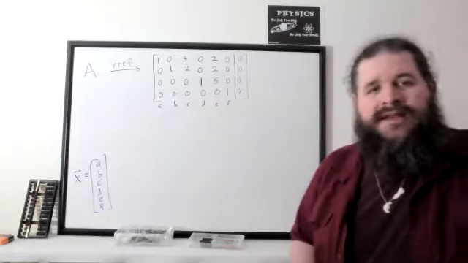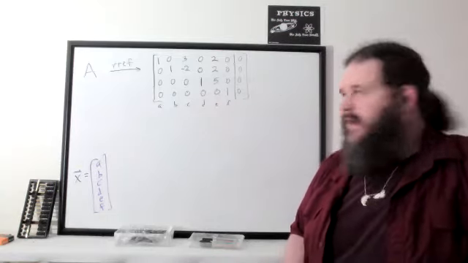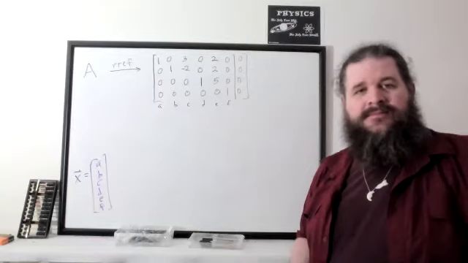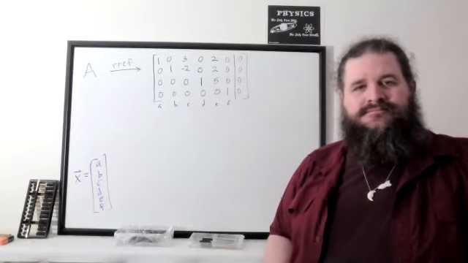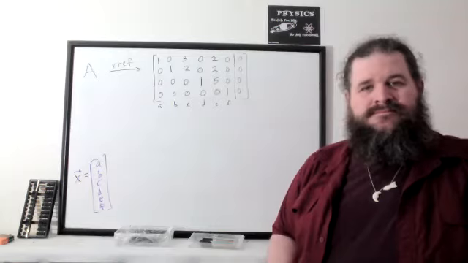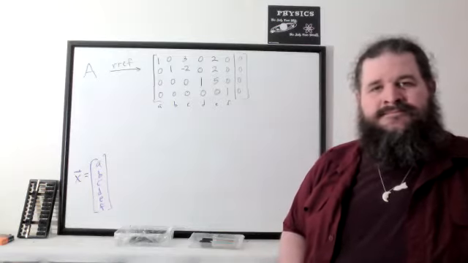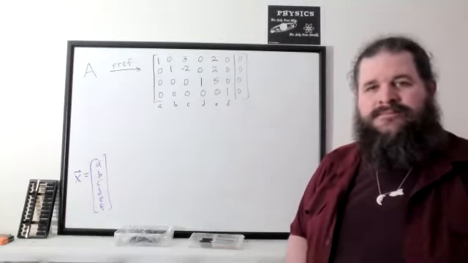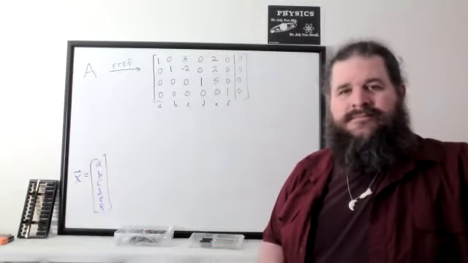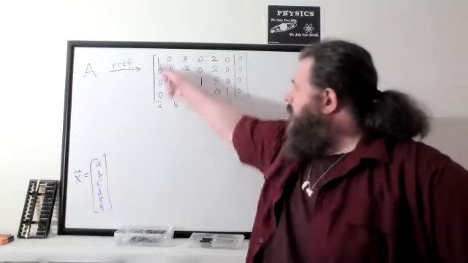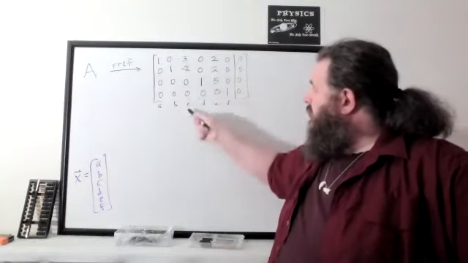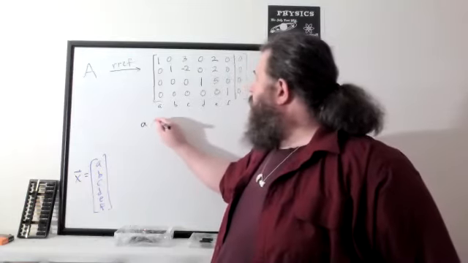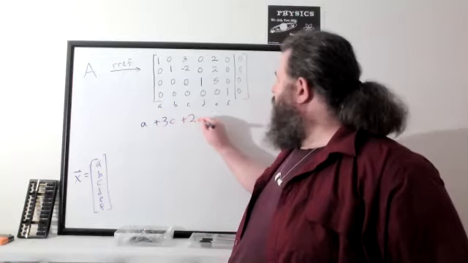So we should be able to rewrite each one of these rows as an equation. For example, what would the first row look like as an equation? Yeah, we've got 1A, no B at all, 3C, no D, 2E, and no F. So we can say that A plus 3C plus 2E equals 0.